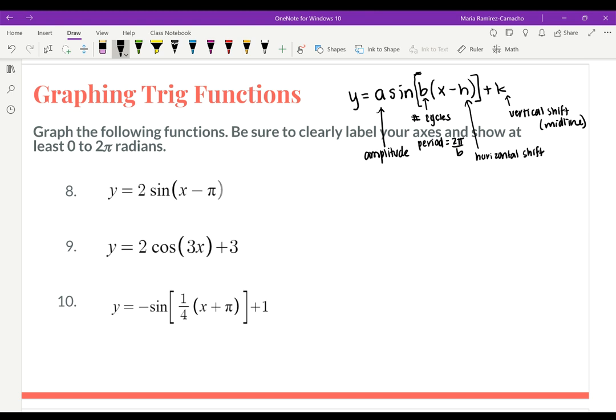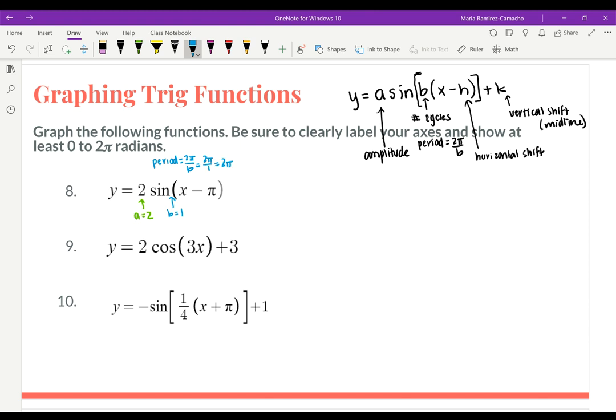So looking at number 8, y equals 2 sine of x minus pi. Here our amplitude is 2. There is no b value, so we can assume that that's just 1. And all that means, again, because the period is equal to 2 pi over b, is that our period is 2 pi over 1.